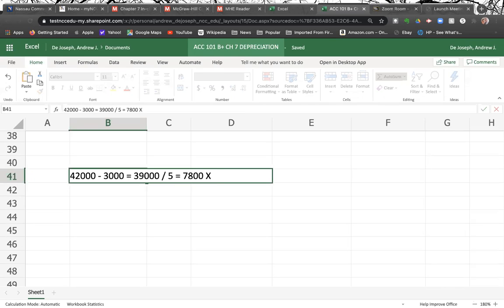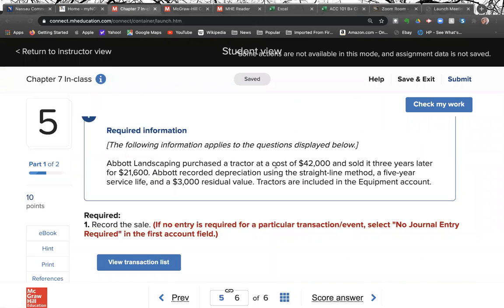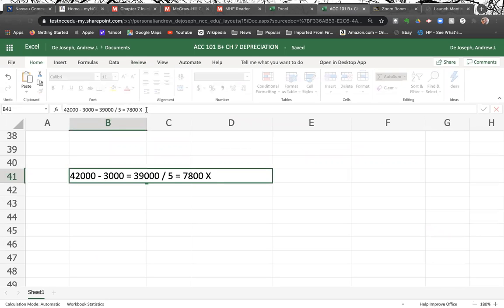How many years did we have that tractor before we sold it? Sold it 3 years later. 7,800 times 3. 23,400 is the accumulated depreciation.